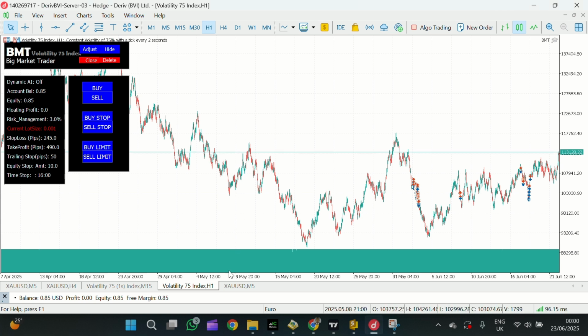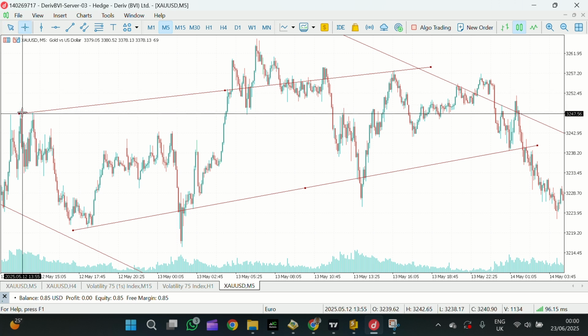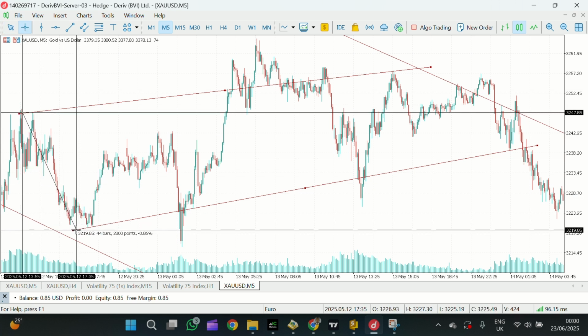Looking at this now, this is the 5 minutes time frame. In the 5 minutes time frame, the movement from the swing high to the swing low is what you need to know. All right, so how many pips is this? You are seeing 2,800, right? But it's actually 280 because the last digit is negligible.